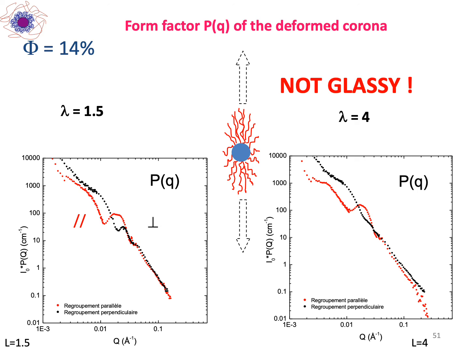Anyhow, what we can conclude from this measurement is that the corona is very deformable. So, in particular, it is not glassy as was proposed by some researchers.